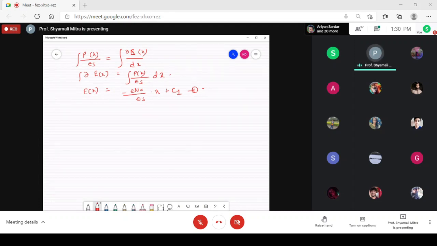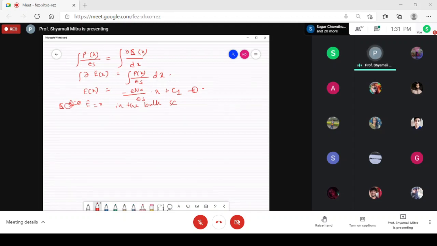To find the constant of integration, we will put Ex to be 0. Do you agree with this? That means E should be 0, because the charge neutrality condition is maintained in the bulk semiconductor.